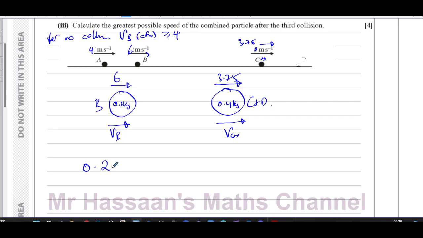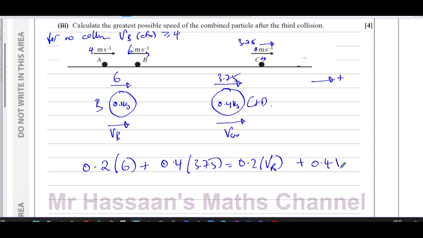0.2, which is the mass of B, times 6, plus 0.4 times 3.75. They're both going in our positive direction. And after the collision, you have 0.2 times VB plus 0.4 times V, which we're trying to find, for C plus D together.